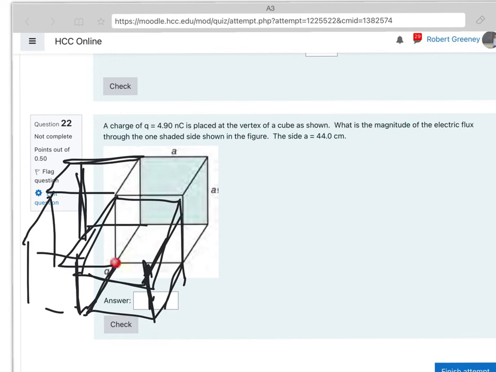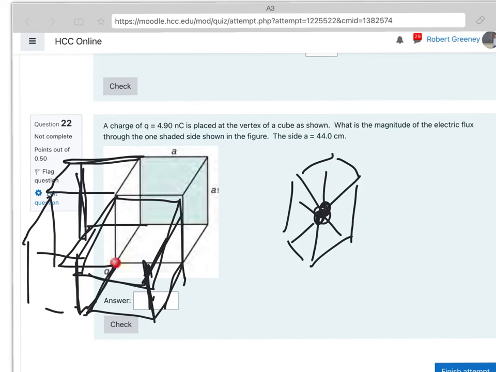And when you look at the corner of a cube, you can picture, when you look at the corner, you see 3 faces. So the flux goes in through those 3 faces, which means it comes out through 3 faces.